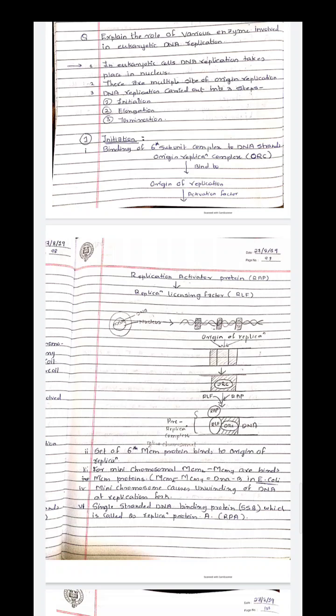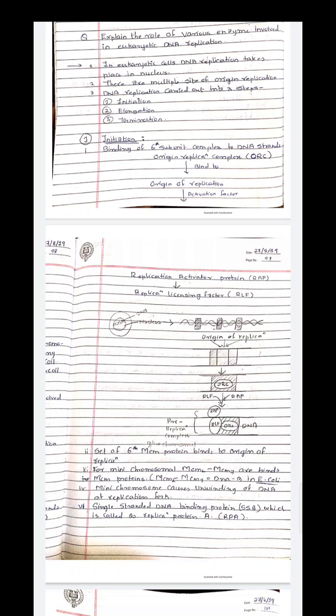In eukaryotic cells, there are multiple sites of origin of replication. DNA replication is carried out in 3 different steps, same as in the prokaryotic cell. The first step is initiation, the second step is elongation, and the third step is termination. Quite a complex process is observed in eukaryotic cells.